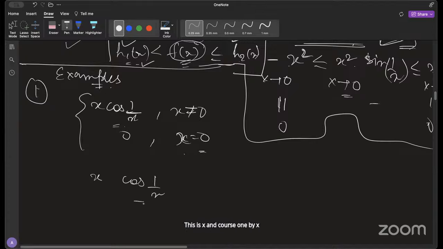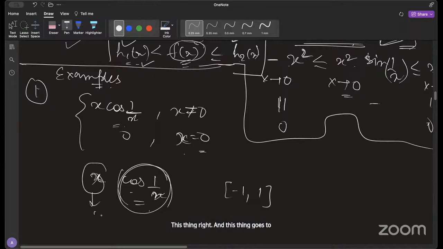Now we know, and you should know this thing, that your cos function and sine function always lie between -1 and 1, right? So if you have something like this, that means this thing fluctuates between minus 1 and 1, and this thing goes to 0.